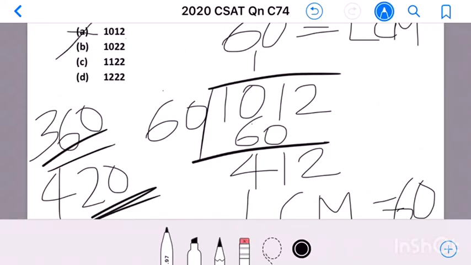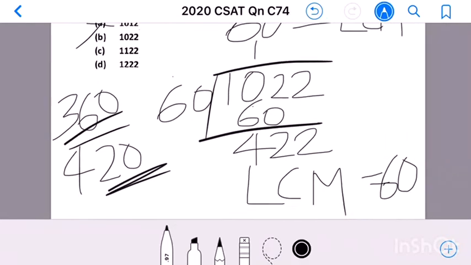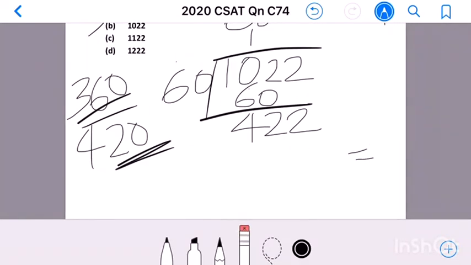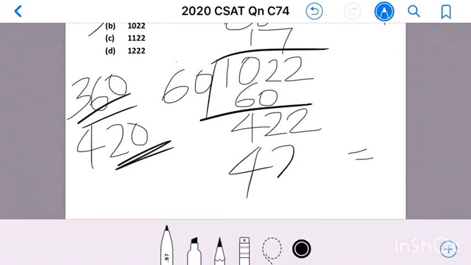Then the second option, 1022 divided by 60. 7 60s are 420. Then the remainder we got is 2.